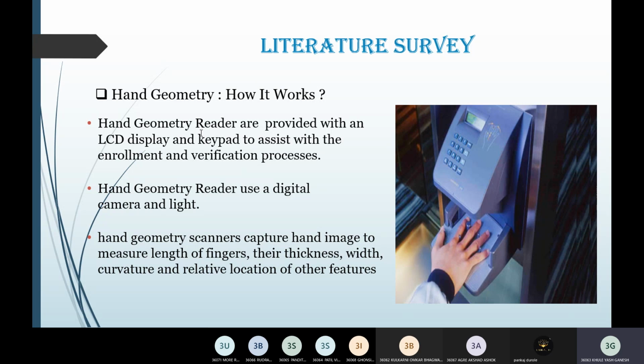The user puts their hand on the platen to have it scanned, and the scanning and verification process is quick and takes less than a second on modern hand recognition systems.